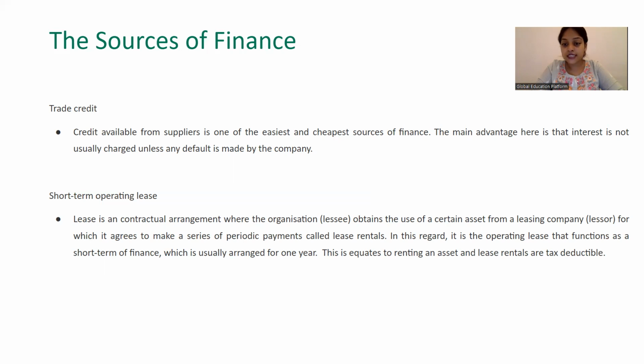In this regard, it is the operating lease that functions as a short-term finance, which is usually arranged for 1 year. This equates to renting an asset, and lease rentals are tax deductible. Right. So this is about the lease agreements.